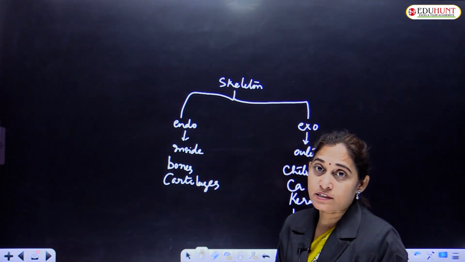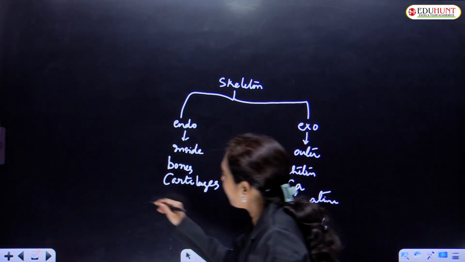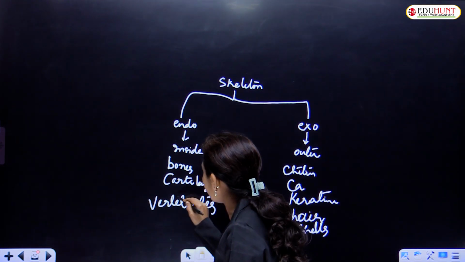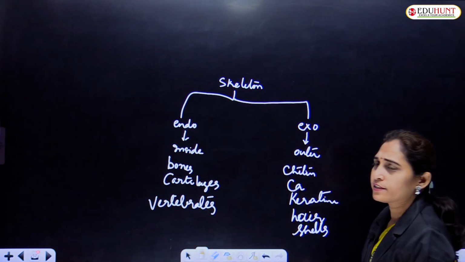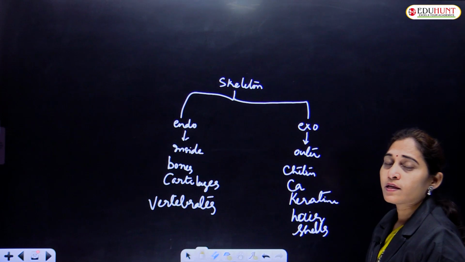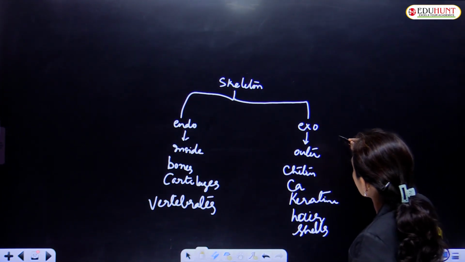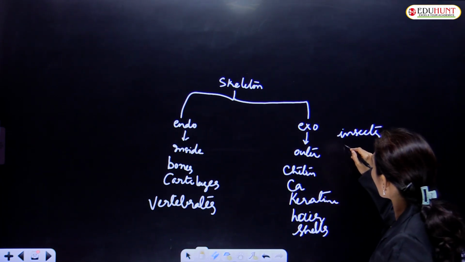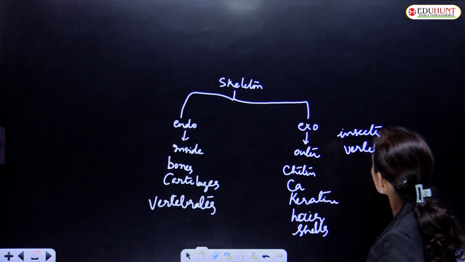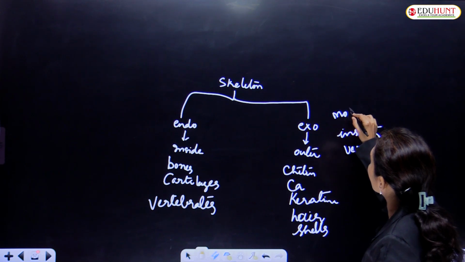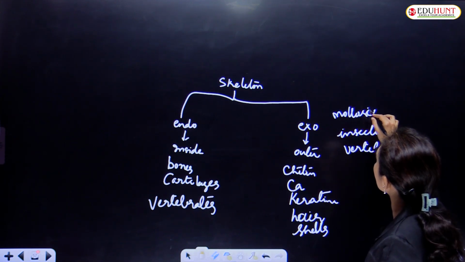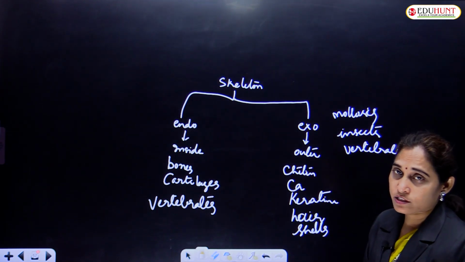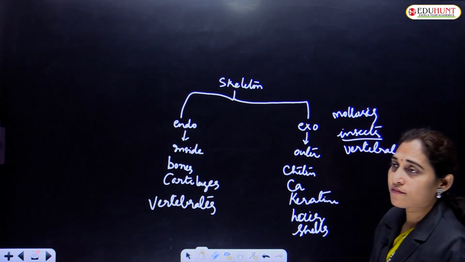Endoskeleton is present exclusively in vertebrates. Exoskeleton is present in invertebrates like insects and mollusks, and also in vertebrates.